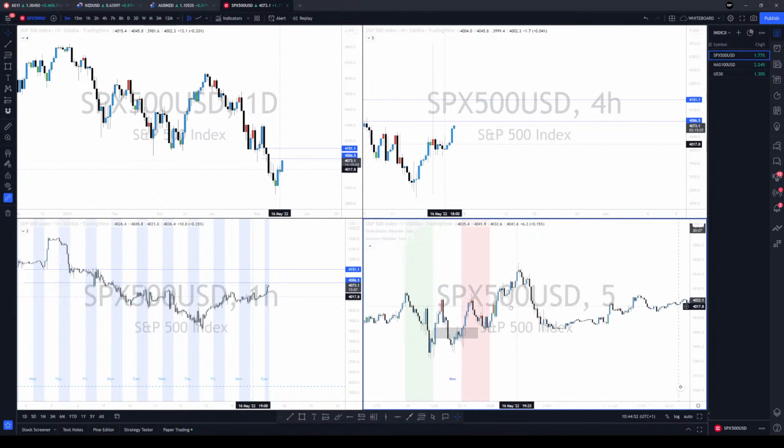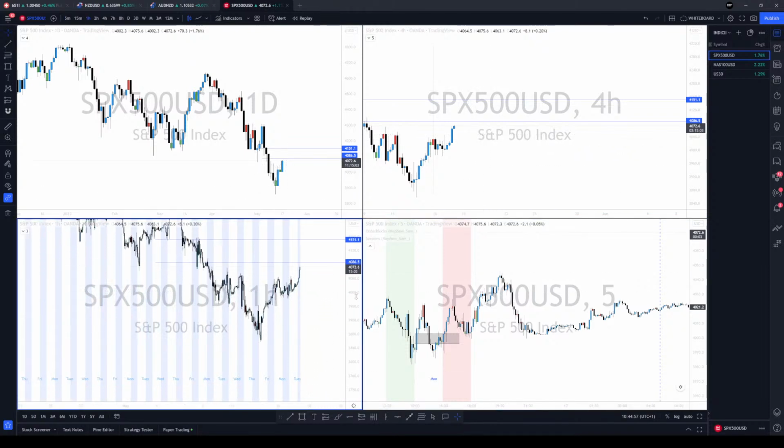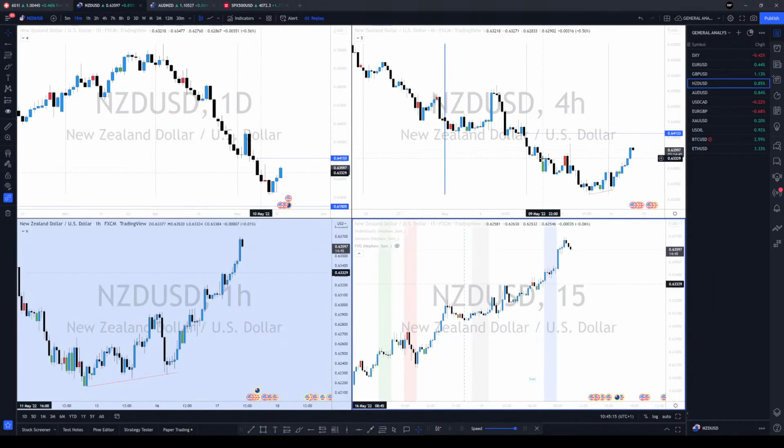So yes, if you want to join, by all means feel free. We do get really nice trade setups every single day, and sometimes there's nothing. Like between yesterday and this morning, the only trades that did well were oil and euro pound.